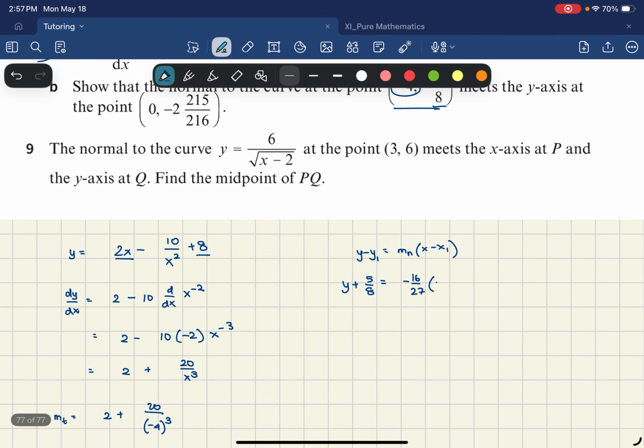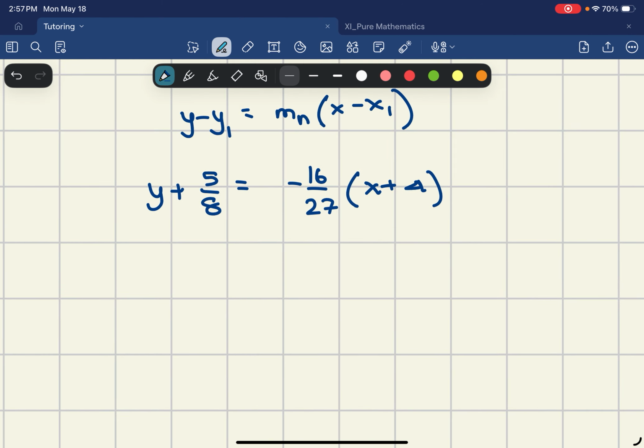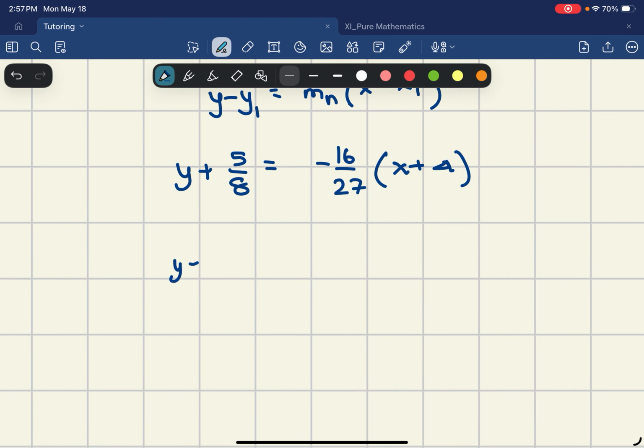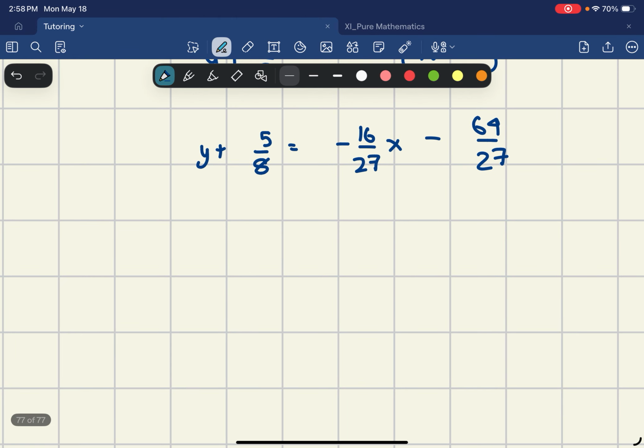And x minus x1 gives me this. Now I have to simplify this. It's going to be 16 over 27x minus 64 over 27. Very ugly expression, right?